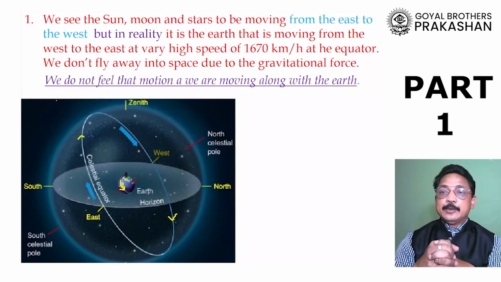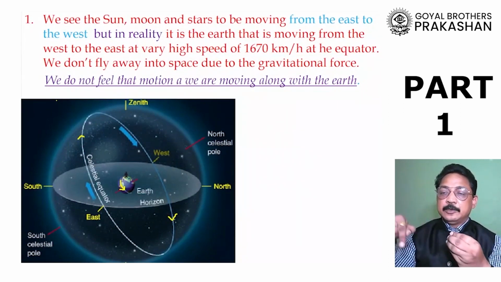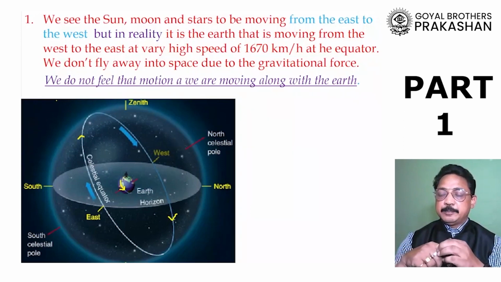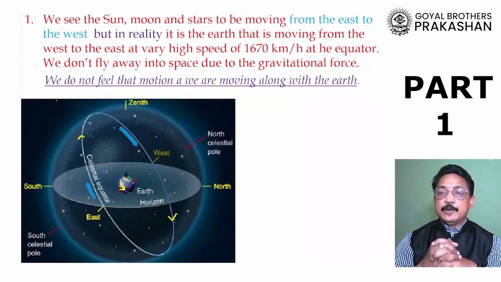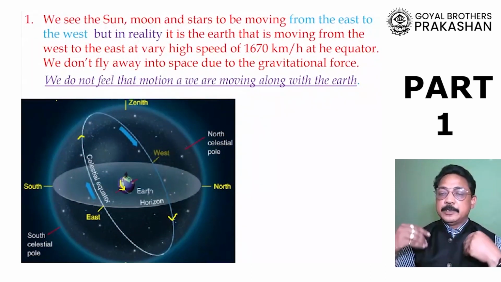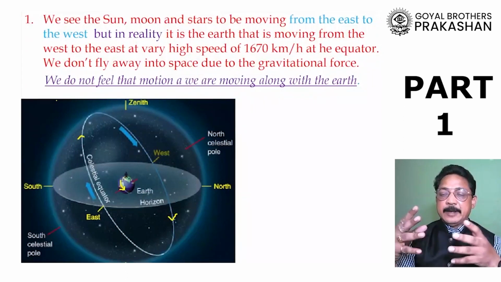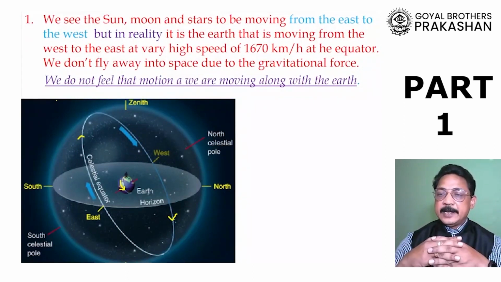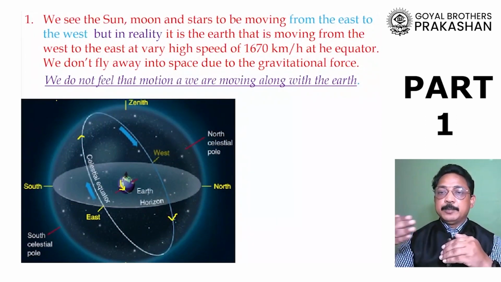You will be absolutely surprised to know that at the equator, the earth rotates with a speed of 1670 kilometers per hour, faster than the aeroplanes in which people travel. The aeroplanes fly at an average speed of 800 and sometimes even up to 900 kilometers per hour.